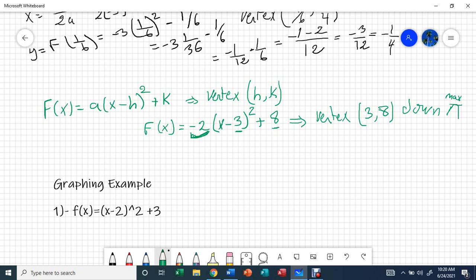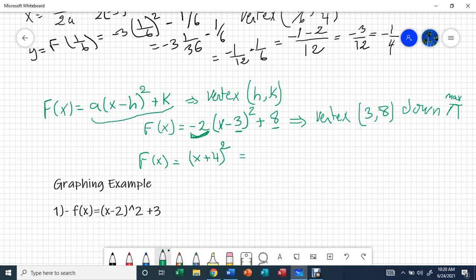Another example, f of x equals (x plus 4) squared. So this doesn't look like my formula here, but I have to make it look like that formula.